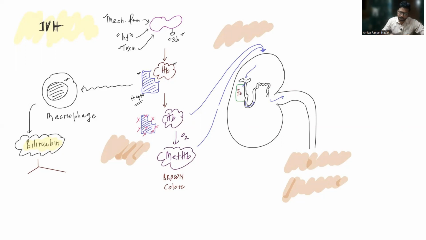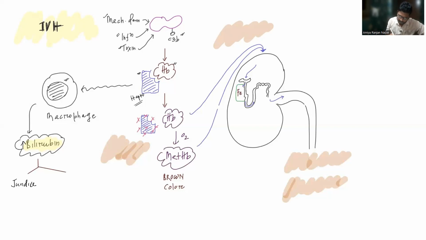And again, inside the macrophages, this hemoglobin will dissociate into globin and heme. Heme will be further metabolized to bilirubin. So there is increased production of bilirubin. And if there is excessive production of this bilirubin, it can cause jaundice. As I told previously, it can cause increased unconjugated hyperbilirubinemia.